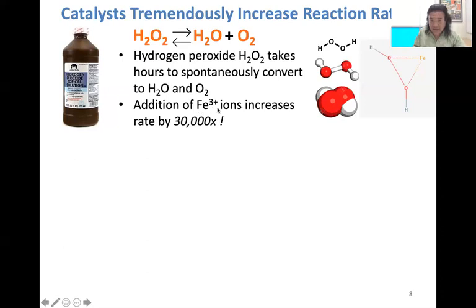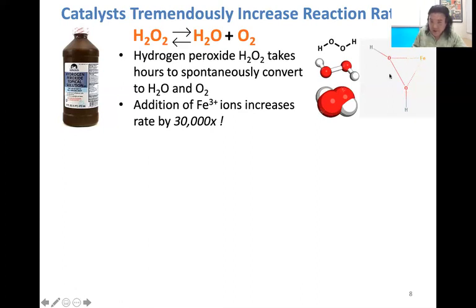Iron ions, Fe3+ ions, can actually serve as a very strong molecular catalyst to break down peroxide. Over here, you can see the structure. So here's peroxide, and it's funny, you never think about it, but peroxide is super simple. It literally is 2 oxygens, 2 hydrogens. You can see if there are iron ions present, the iron will interact with the oxygens.